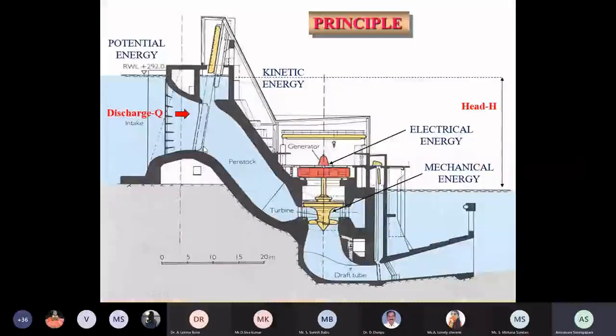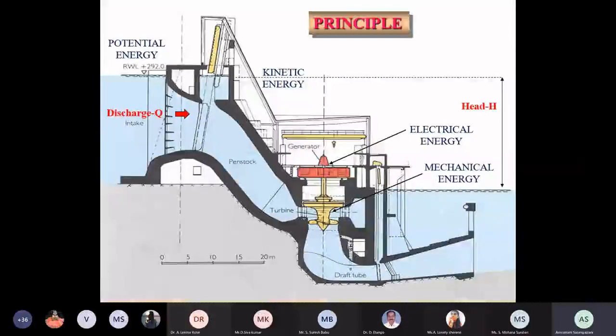That's why nowadays they are going for pump storage, and mostly in Andhra Pradesh they are doing that, because we don't have perennial rivers in the south. So we prepare a reservoir upstream and another reservoir at the downstream, we pump the water at night time, and we use the same water to generate electricity during the day. So this is called pump storage projects.